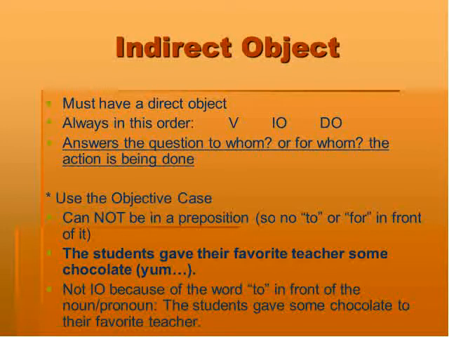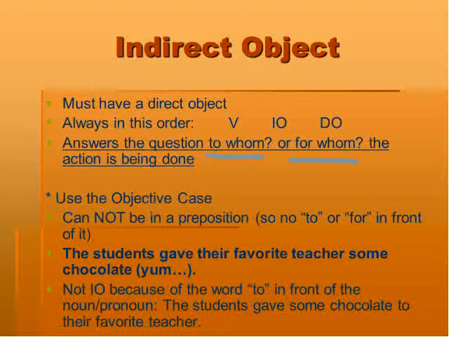Okay, indirect objects now. You're going to use the objective case for that one, that second box as well. So how do you know when something's an indirect object? First of all, you have to have the direct object. You have verb, indirect object, then your direct object. This one answers the question to whom or for whom the action is being done.